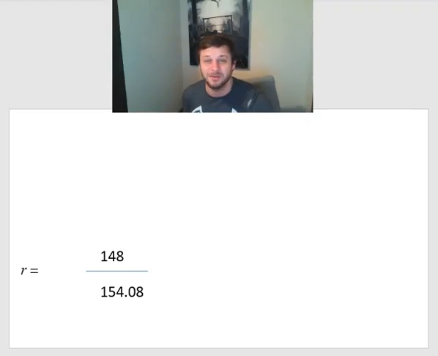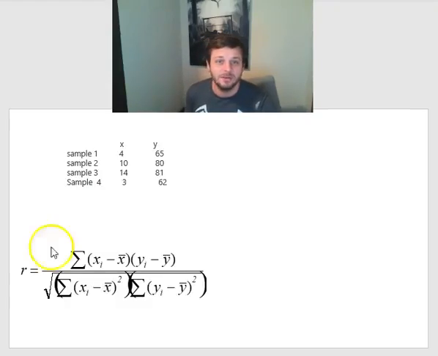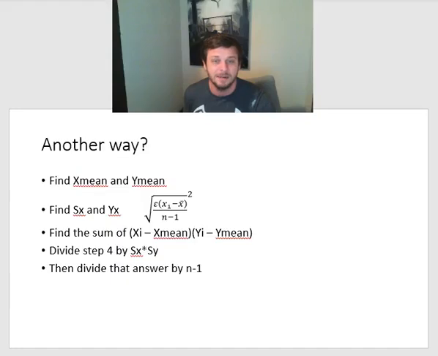There's another way to do this. Using this formula and math skills, you can do it a different way, and it might be easier for you, it might not, it depends on your style, I guess. But you can go ahead and find the x mean and y mean like we've done, your x bar and y bar. And then you want to find the variance.